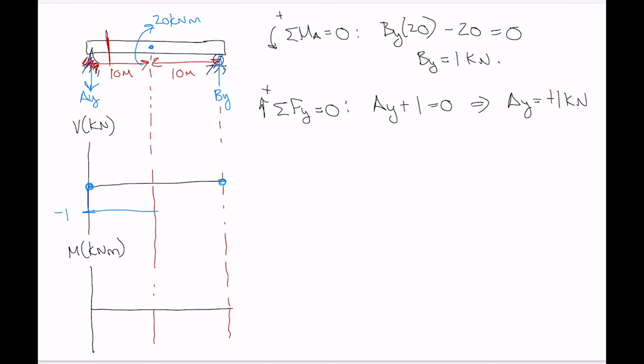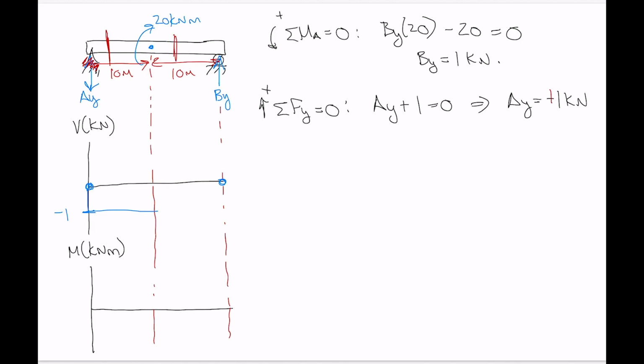Then we get to the point moment. So what happens to the shear diagram? Nothing. No rules in drawing of the shear diagram that relate to a point moment. Point moment does not affect the shear diagram, okay? Other than the point moment having influenced the support reactions to start with. Now we're in the next section here.